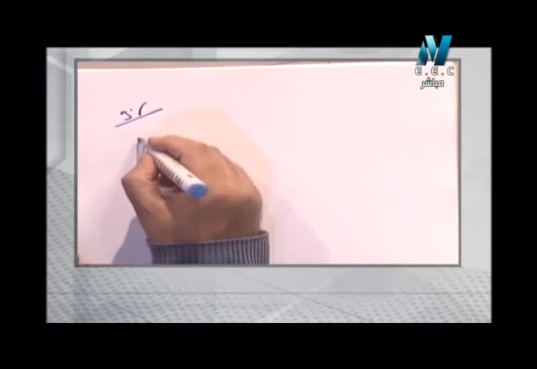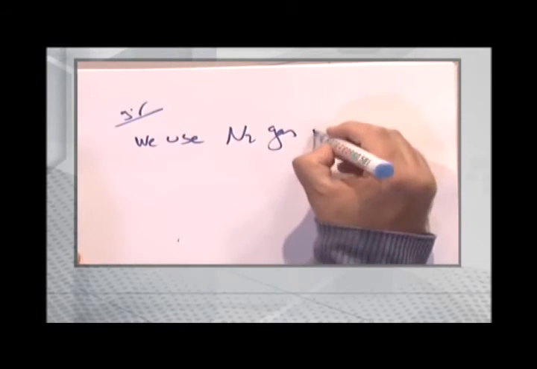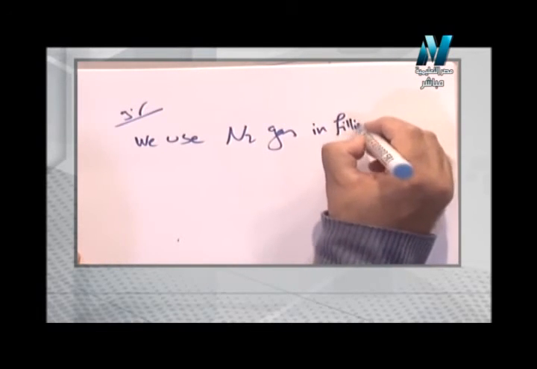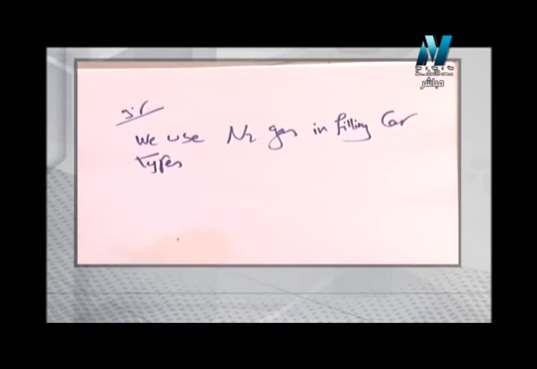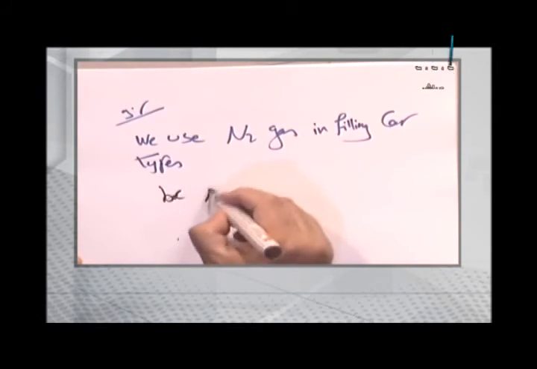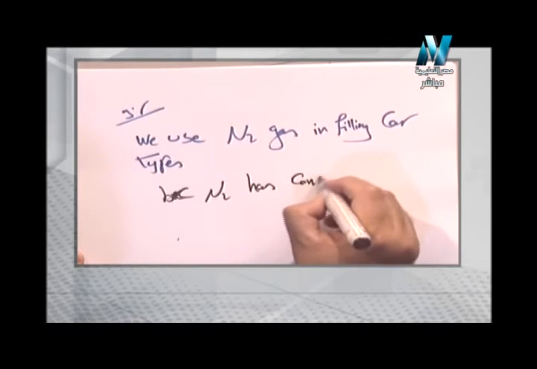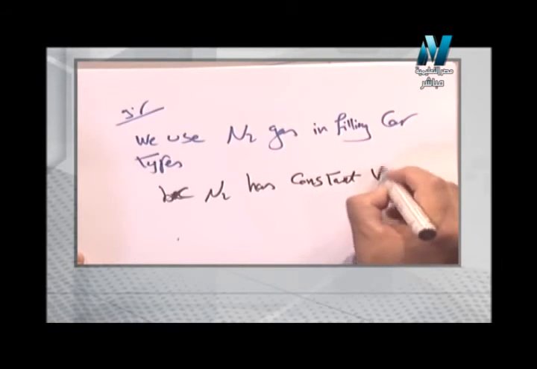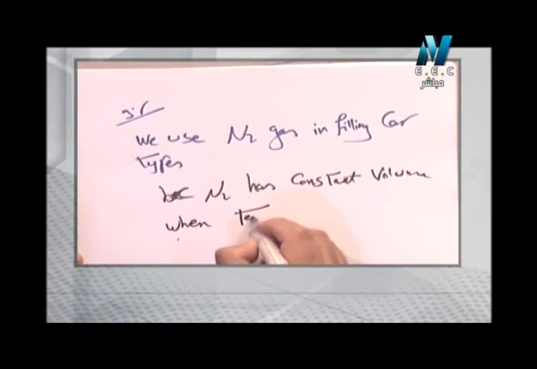So the question says that we use nitrogen gas in filling car tires. Why? Because nitrogen gas has constant volume when temperature changes.